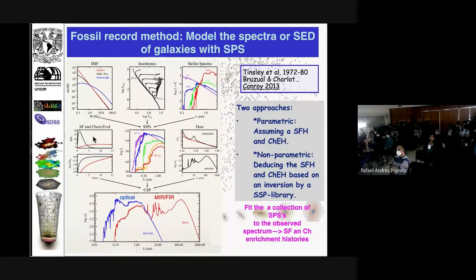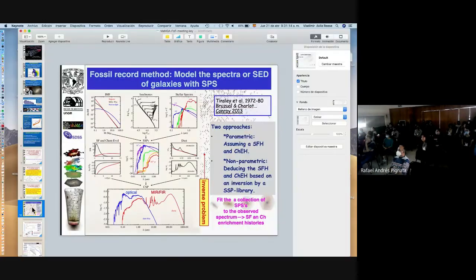For example, at the present day, the blue one is the optical spectrum, which is a composition of many single stellar populations that were produced with this star formation law and with this chemical enrichment law. The idea is to go the inverse problem. So from the observed spectrum, now we can reconstruct the star formation history or the chemical enrichment history, and this is the idea of these archaeological approaches.